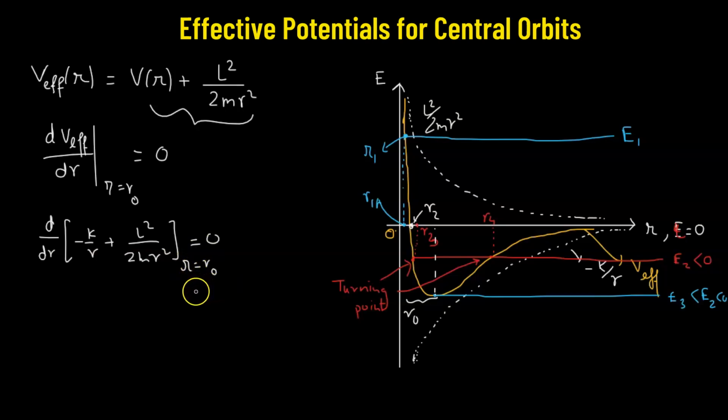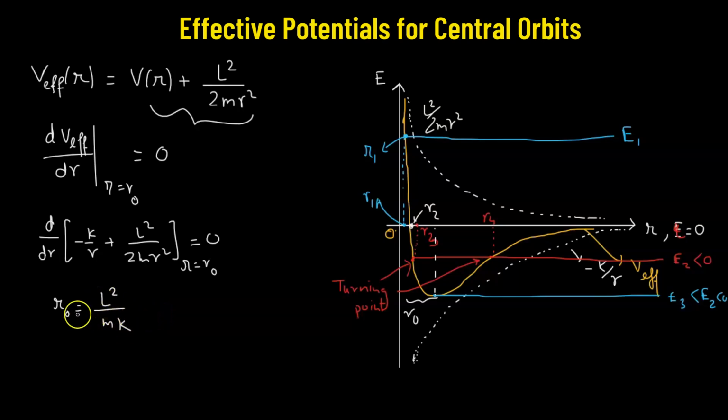After obtaining the derivative and solving this equation for R0, we obtain the expression R0 equals L squared over m times K. Now, the angular momentum is a constant quantity, the mass is a constant, and K is also a constant of proportionality.